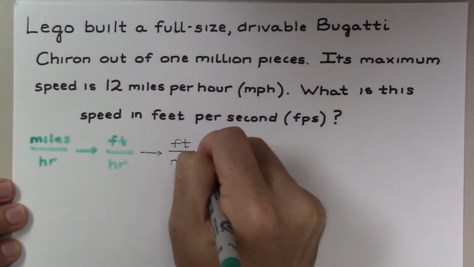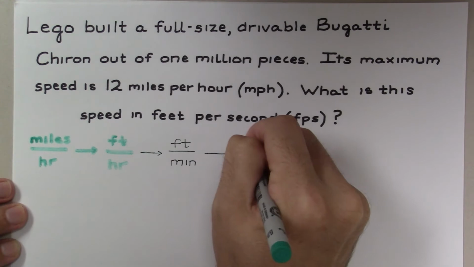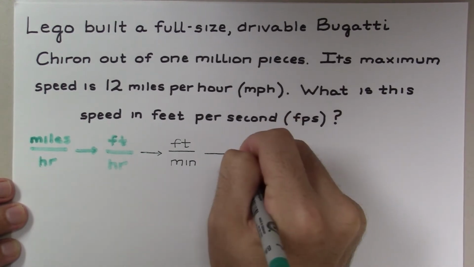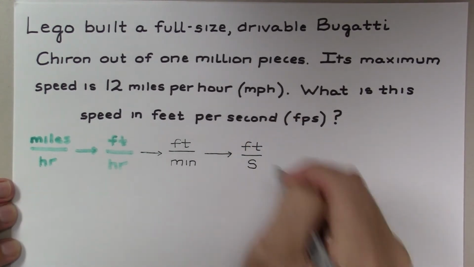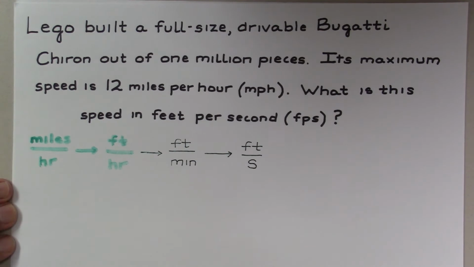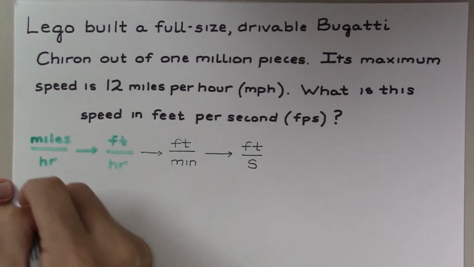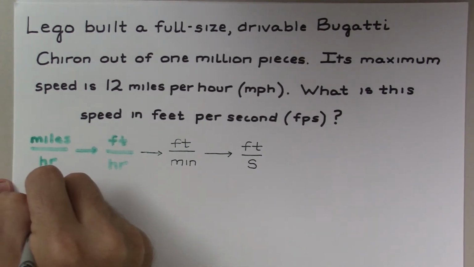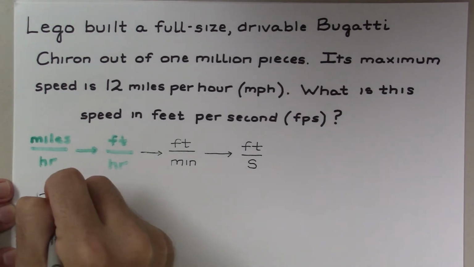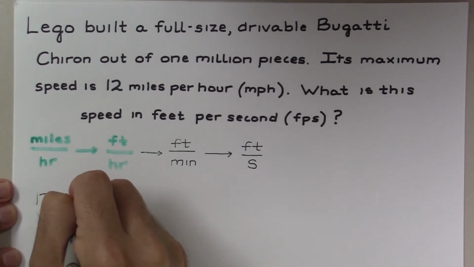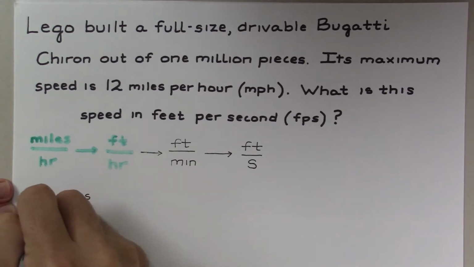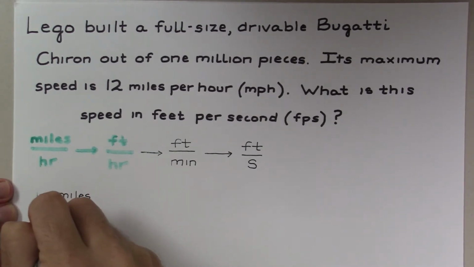We have not finished our unit conversion yet, so finally we must go to feet per second. Notice that we will change the top unit first and then do our bottom unit second. So we will start with our 12 miles per hour, 12 miles on the top, over 1 hour.